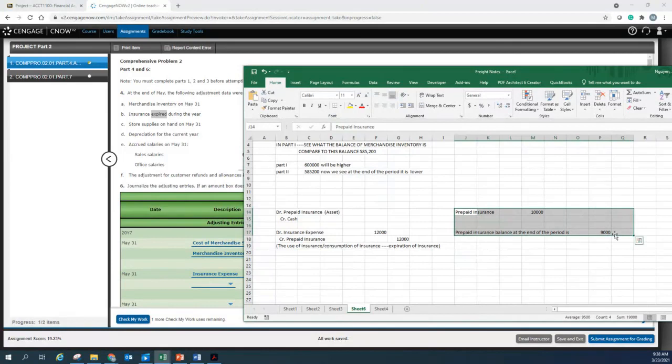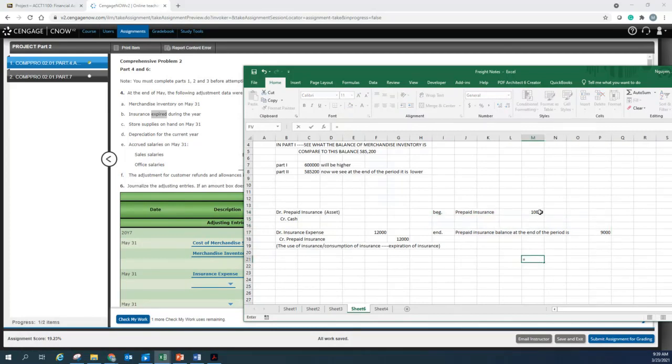So if they tell you that, here's the beginning balance, here's the ending balance, and we don't know how much expired. We don't know how much was used. So we have to do a calculation. We take 10,000 minus 9,000 equals 1,000. And this is the insurance that expired.